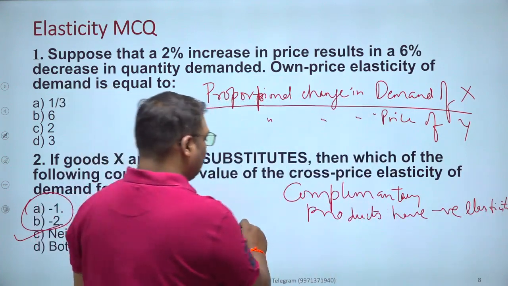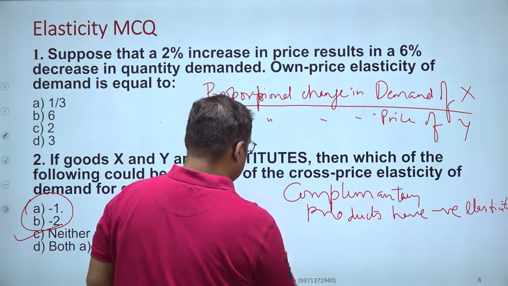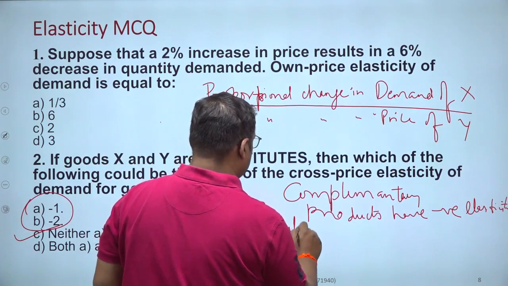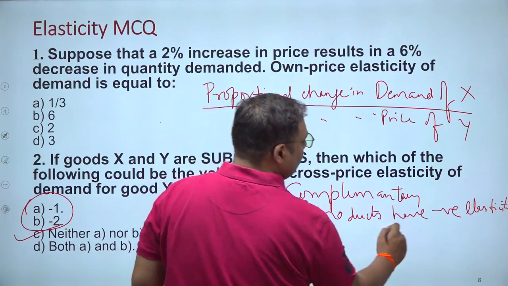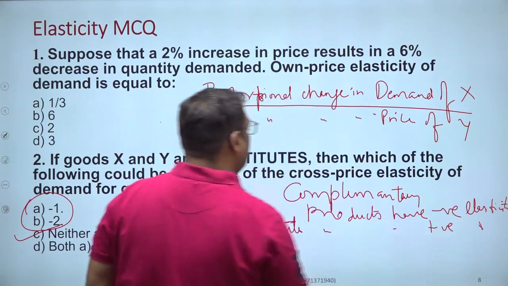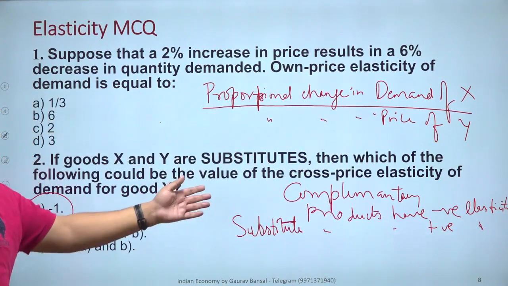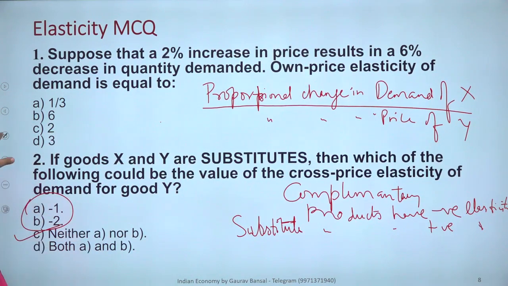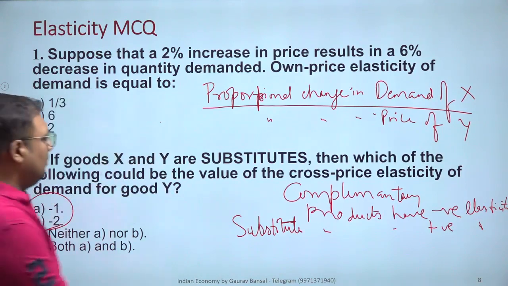Substitute products have positive elasticity. So cross price elasticity, of course. That is the essential takeaway from that, and that has given you a good revision of this concept. So let us move ahead.